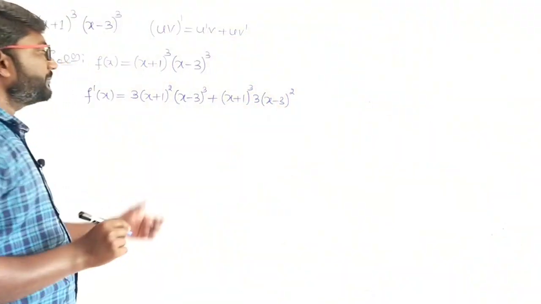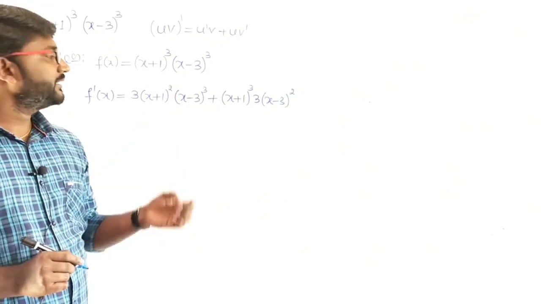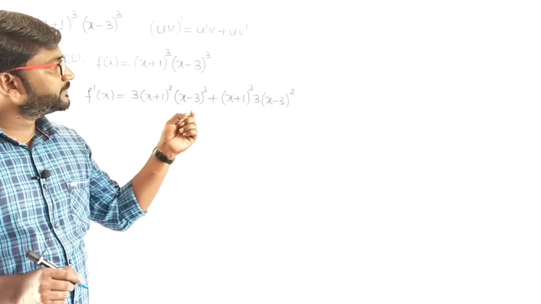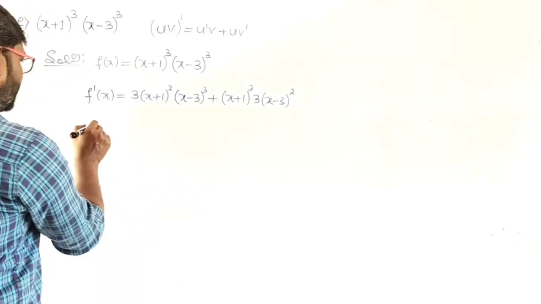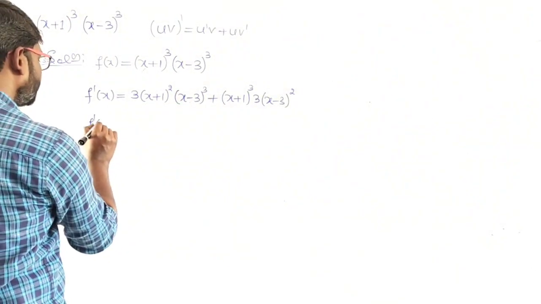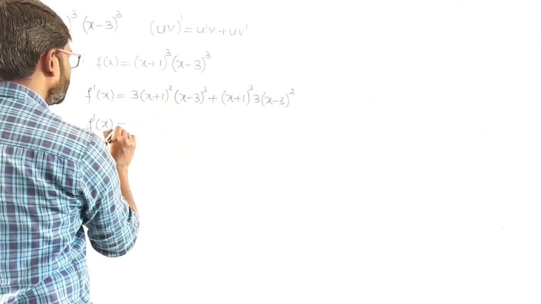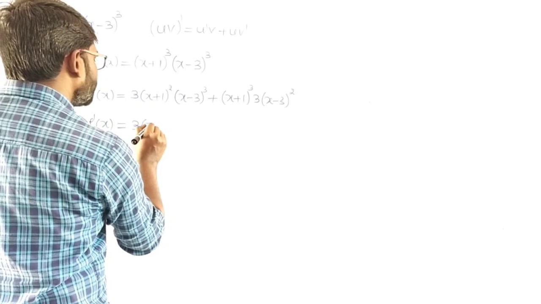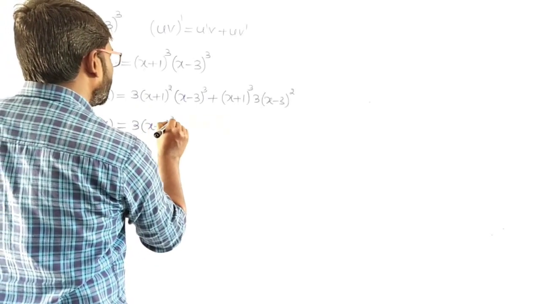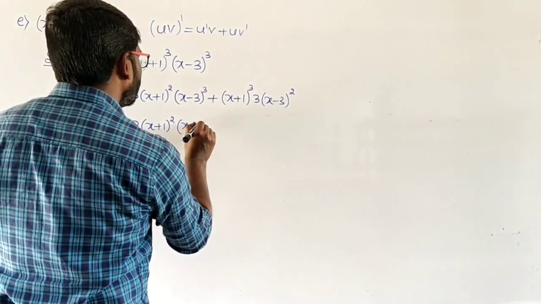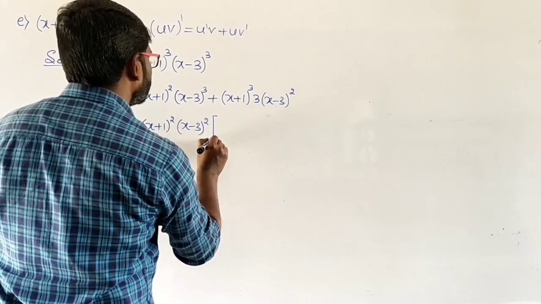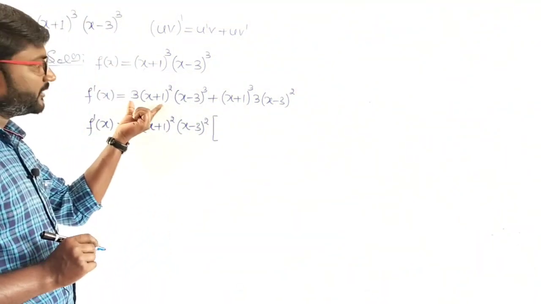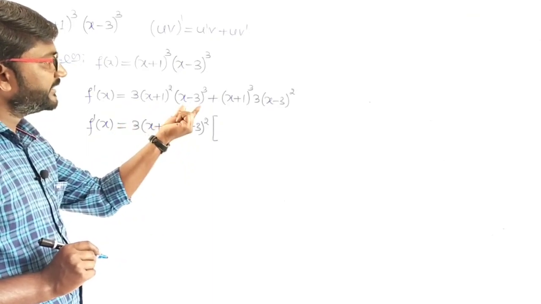So now in both the terms, what is the common term? It is 3, and then x plus 1 the whole square, and then x minus 3 the whole square. So we'll take the common, f dash of x is equal to, I'll be taking 3 and x plus 1 the whole square and x minus 3 the whole square common. So we are left with, see here, these terms we have already taken out, and then here we are taking out x minus 3 the whole square.